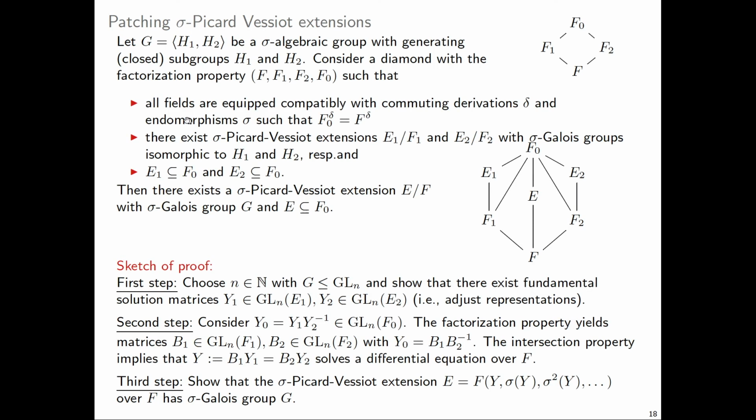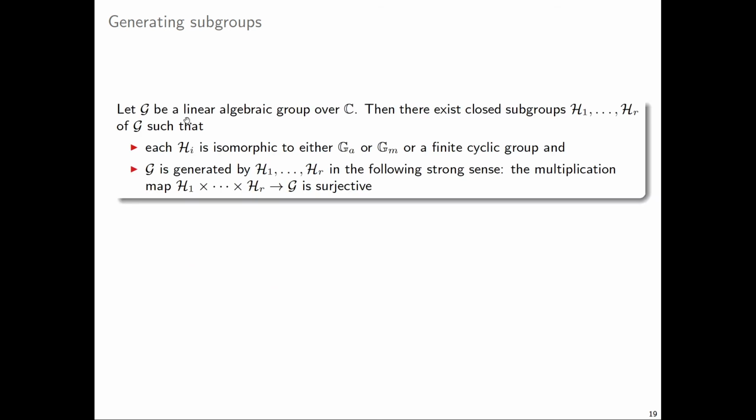Yeah, so now that we have this statement, we need to know how to generate these groups. We need to go to generating subgroups H, H1, H2, and so on. But we are only considering linear algebraic groups. And it is well known that over an algebraically closed field, you can always generate a linear algebraic group by a finite number of GMs, GAs, and finite simple groups.